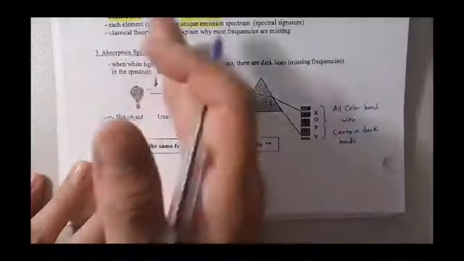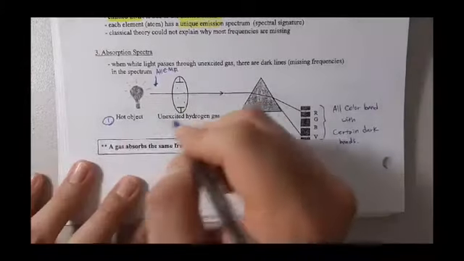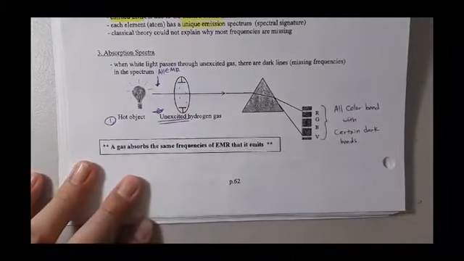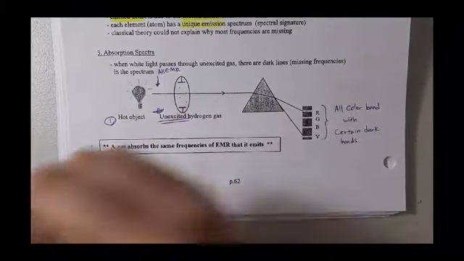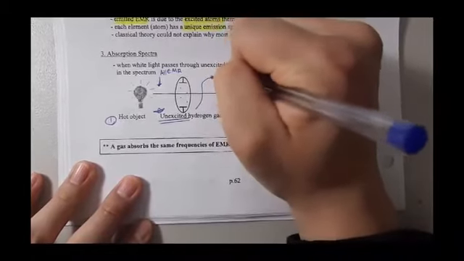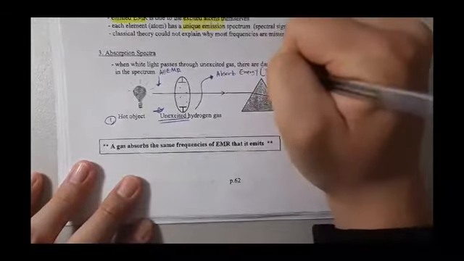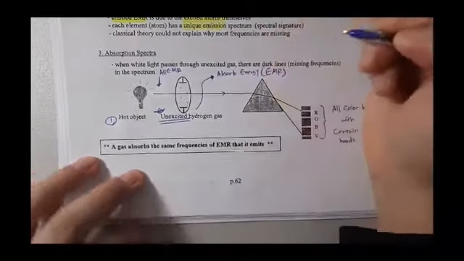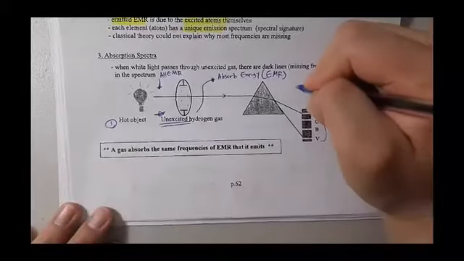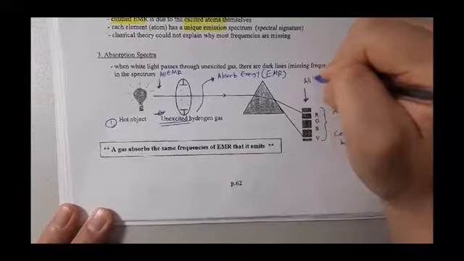Now, I kind of generally said all EMR. However, this is important. You have unexcited hydrogen gas. That means they can absorb energy. Energy from where? Energy from EMR. Then what's going to happen is this. Because it's a hot object, yes, hot objects should show all bands.